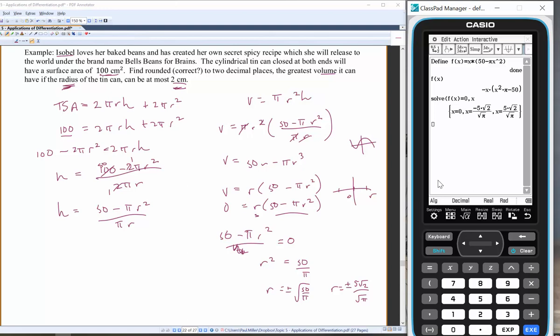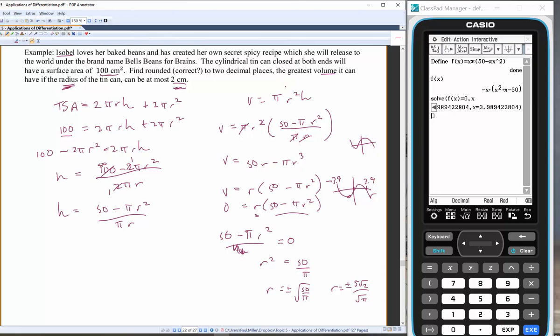And I guessed 3.5. How good is my guess? No, not bad. 3.9. Okay, so this is going to be 3.9. This is going to be negative 3.9, and it's a negative cubic, so it's going to do this.